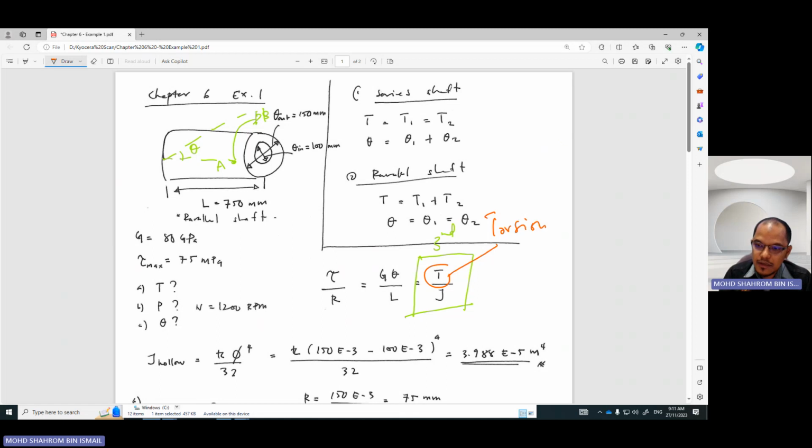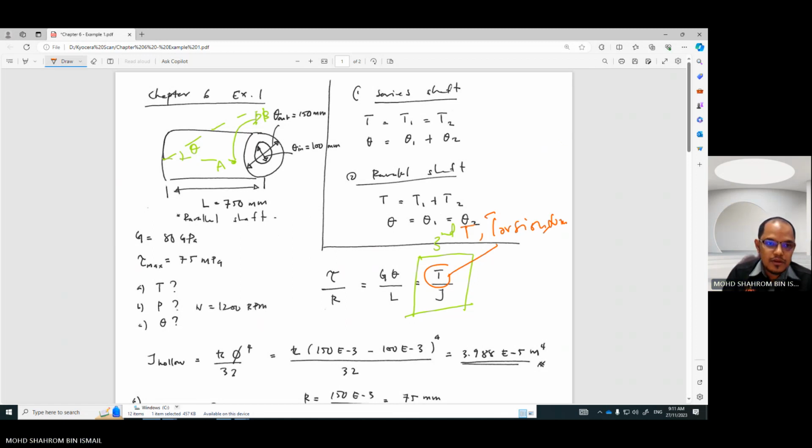Let's say kalau torsion tu dikenakan dengan dayanya, saya tengok unit, kadang-kadang lupa unit. Newton meter. Ya. Dia ada Newton meter. Ni torsion.